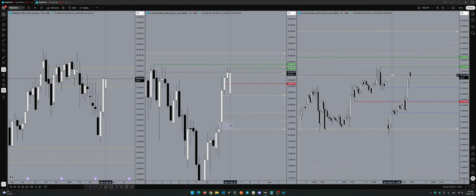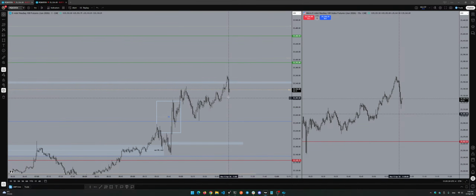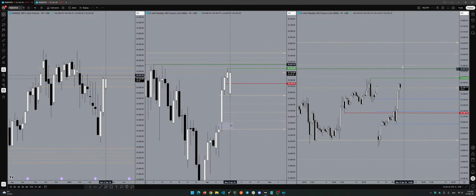Yeah, price went up, covered the whole range of the new week opening gap, and returned back to the daily fair value gap low.